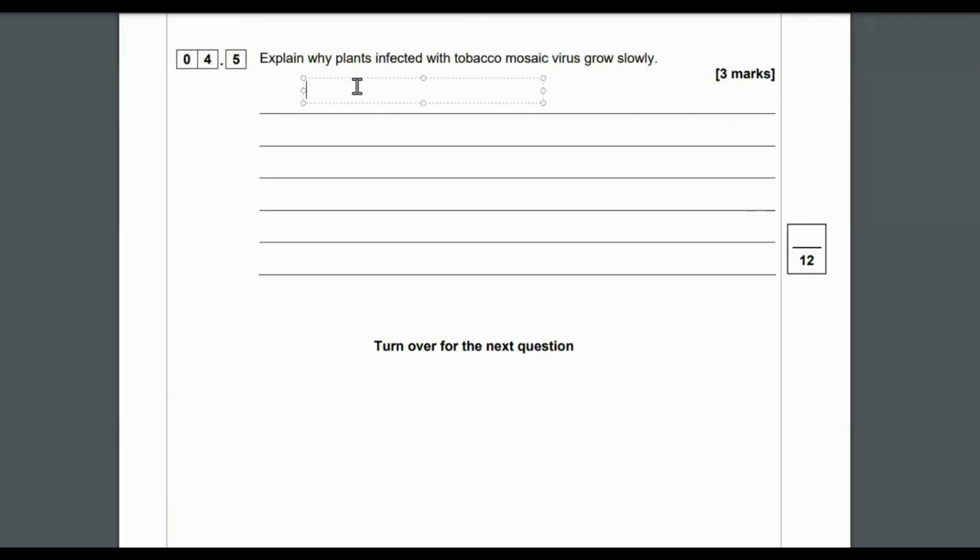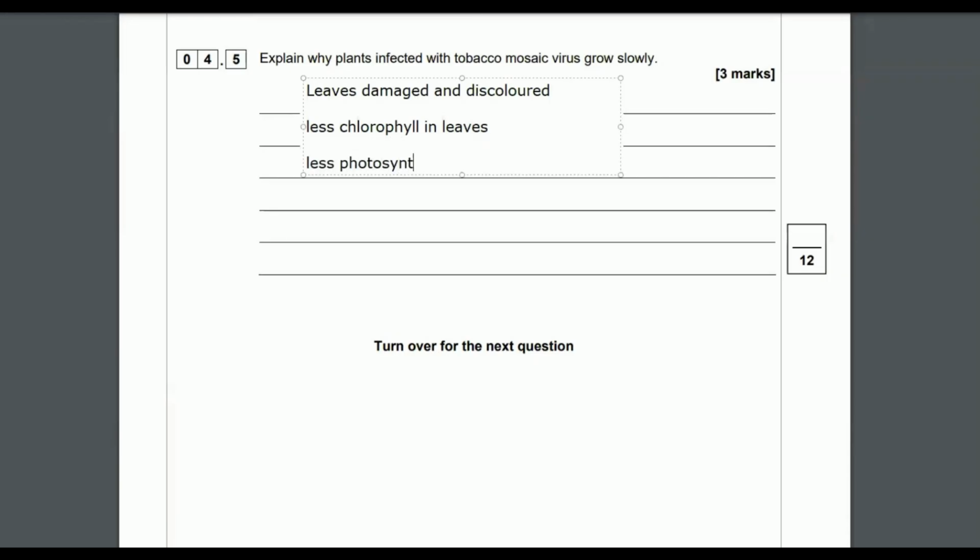So what we can say is the leaves are damaged or discolored. There's a bunch of things we can say here. Leaves damaged and discolored because the leaves go funny with tobacco mosaic virus. They get that patchwork, hence the name mosaic. If we really want to get funky, less chlorophyll in leaves. And if you have less chlorophyll, you're going to have less photosynthesis. That means less glucose produced.